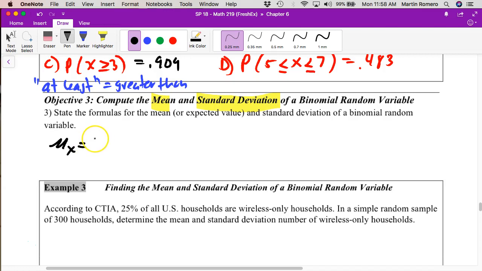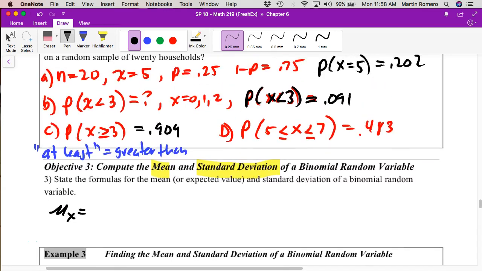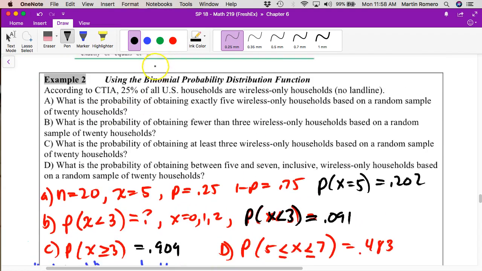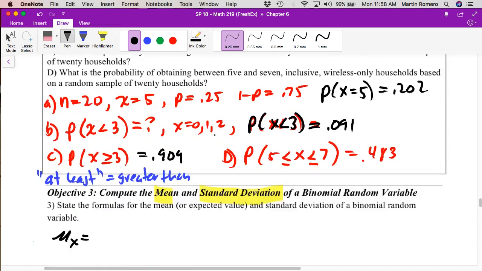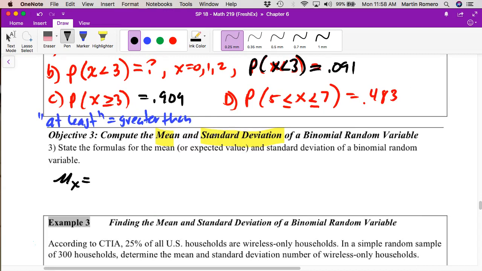The mean, right? What would we expect to see? If 25% of the households were wireless and we asked 20 households, on average, how many households would we expect to be wireless? And then also, what does the standard deviation of those distributions look like? In this case, the mean is just n times p: 20 households times 25%.